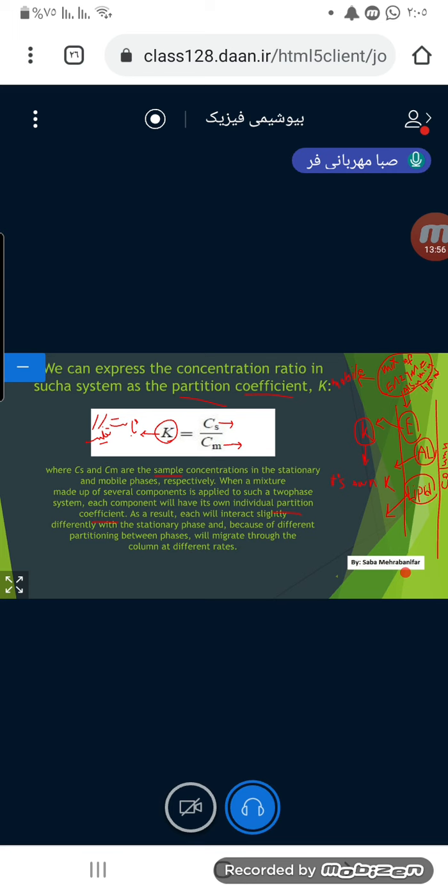Understand? Yes, there is a difference between the speeds of the components.